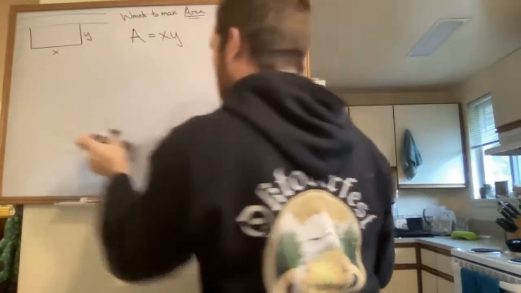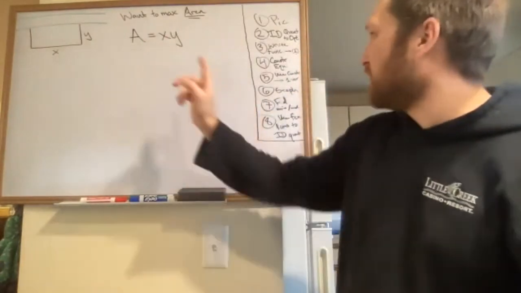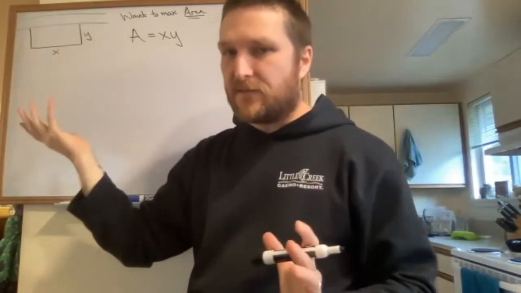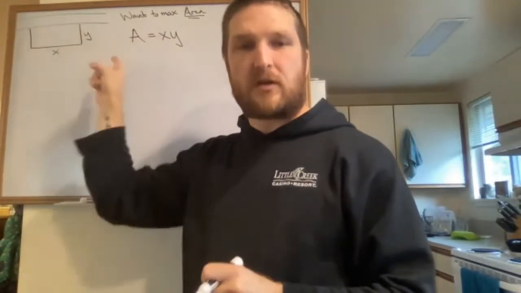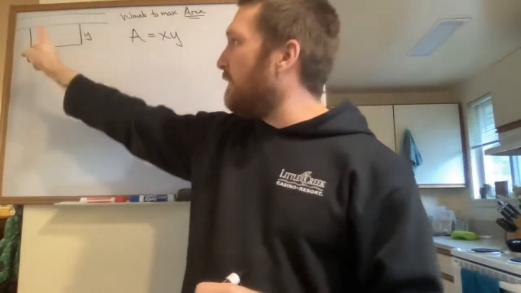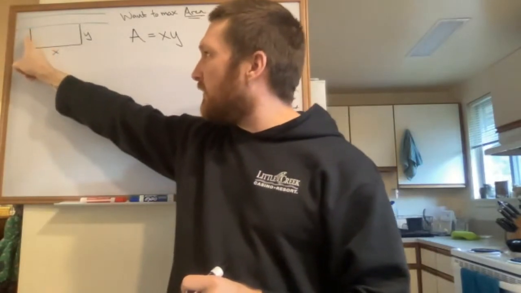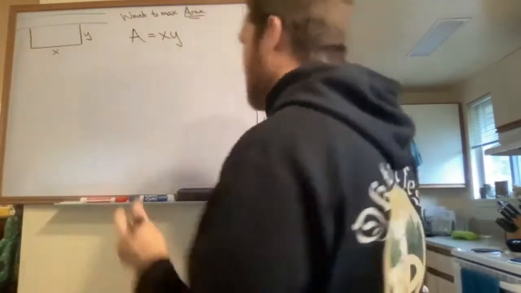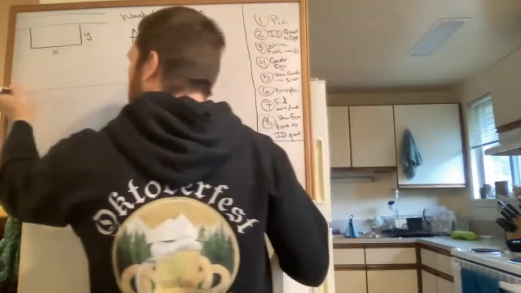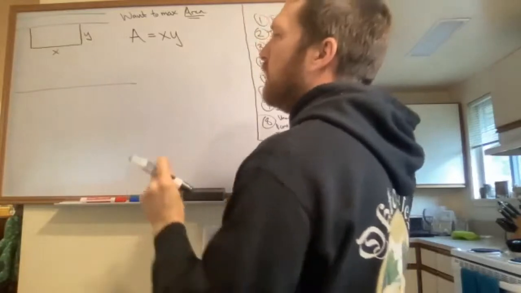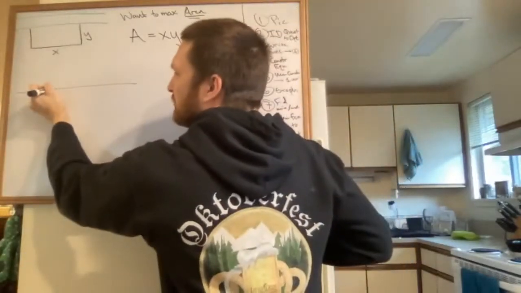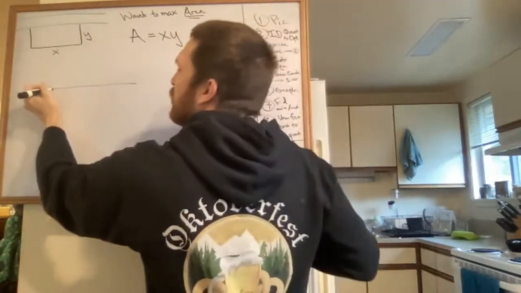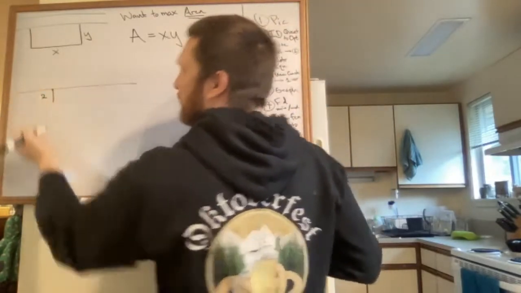So let's think about this, and this is where our picture is really going to help. This is how I like to do this kind of question: if I'm going to go out and lay this fence, I'm going to start walking right here, and let's say that I lay down 2 yards of fence here.